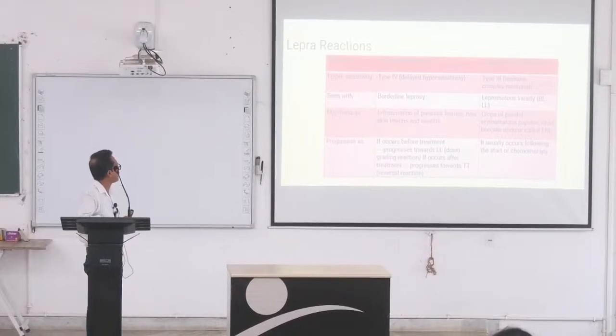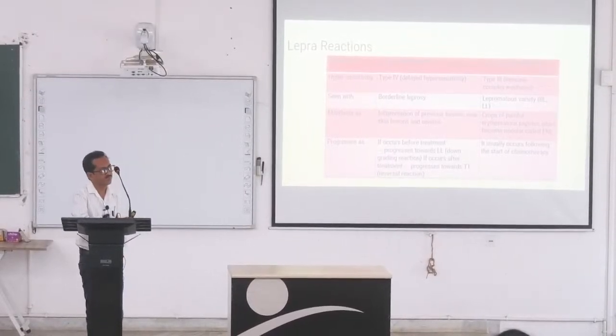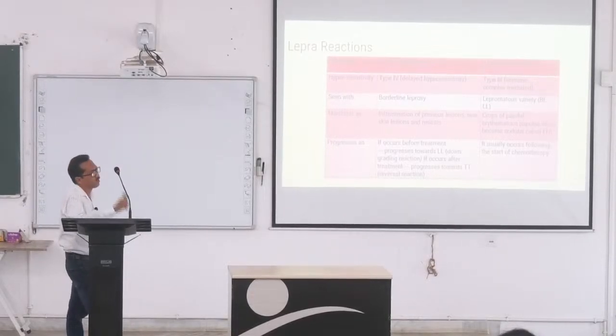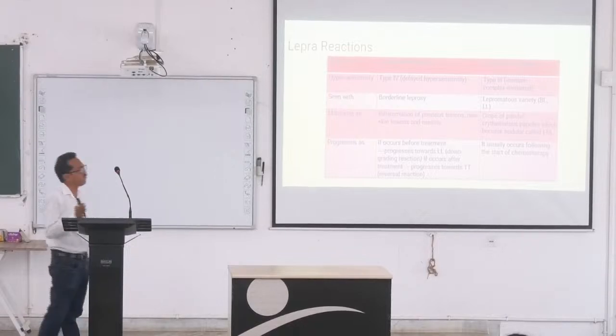In which type of patient will we see the lepra reactions? In borderline leprosy, we will more often see lepra reaction type 1. In the lepromatous variety, either borderline lepromatous or lepromatous type, we will see lepra reaction type 2.